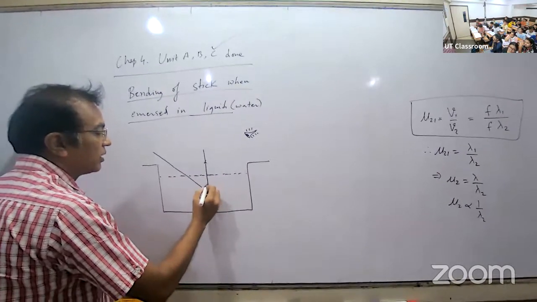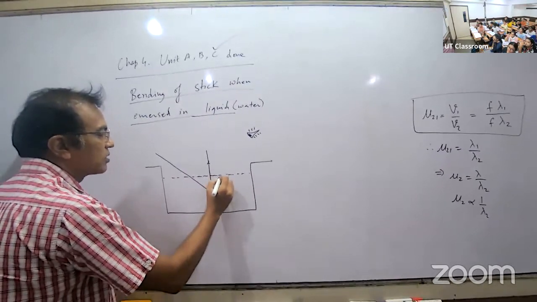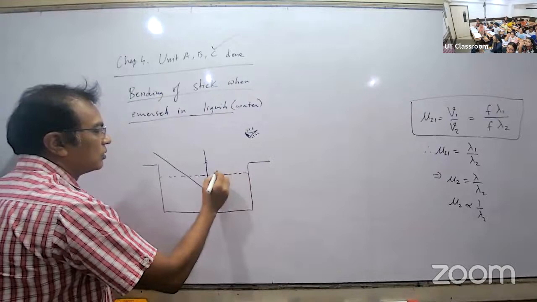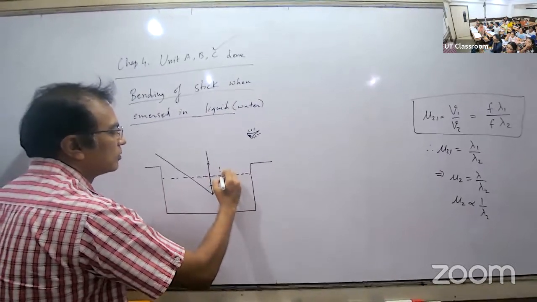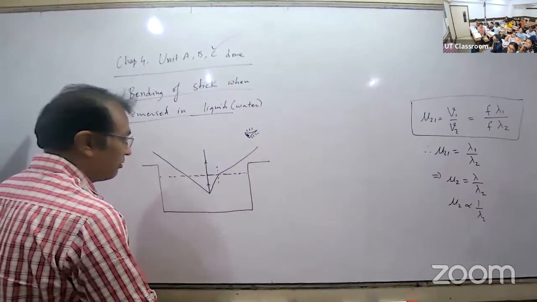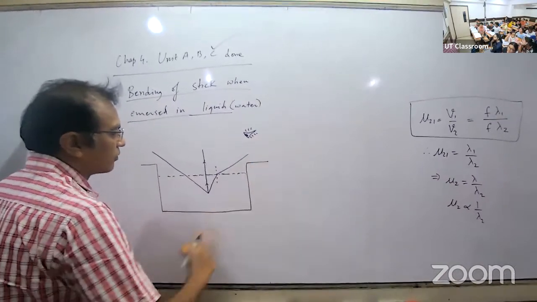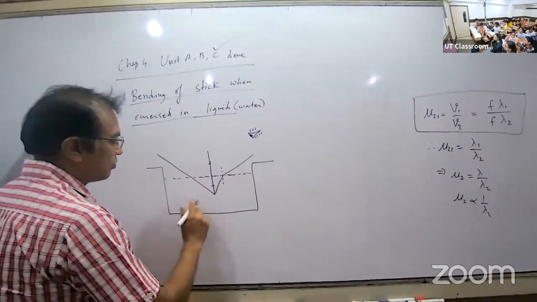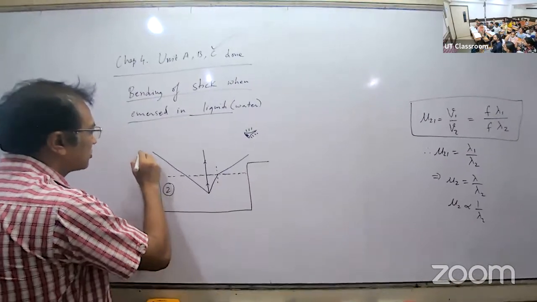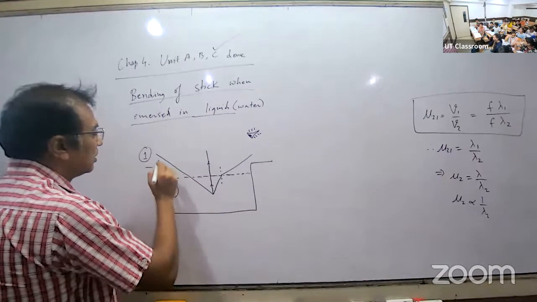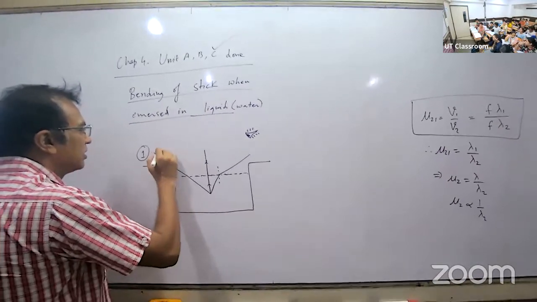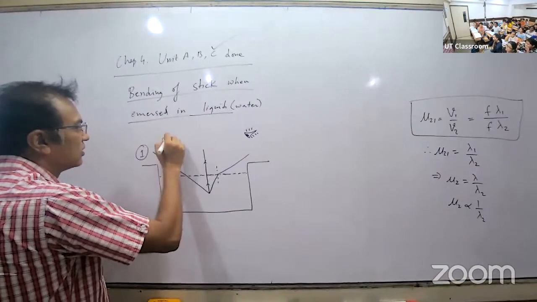You will have to take another ray, let's say in this direction. So if this is the normal, what will you feel? It will bend away. Then two rays. So this is water, the second medium is water, the first medium is air. And this is your stick actually, it is not a ray of light.